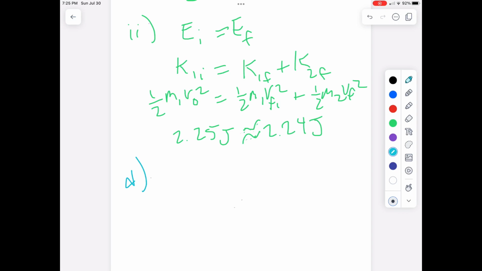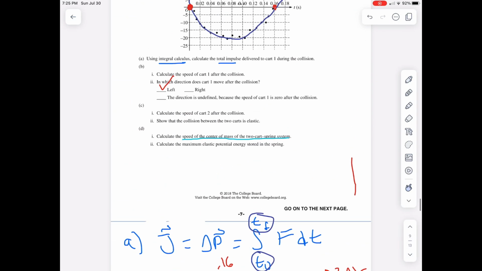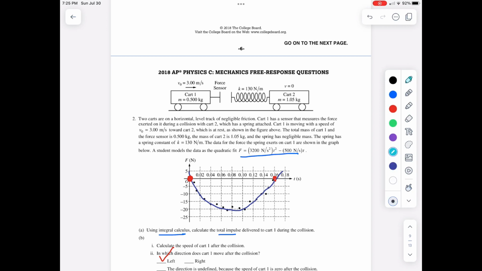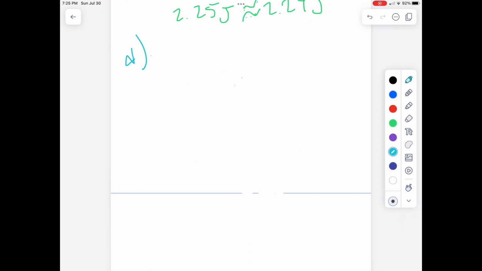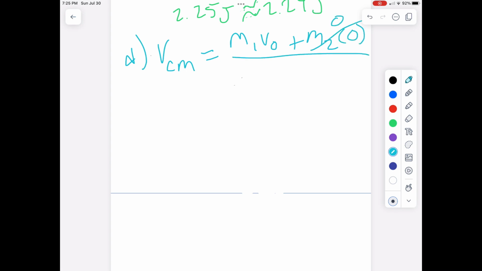Okay, so to make this easier for myself, I'm going to look at before the collision, when only my cart 1 is moving. So therefore, we know that my speed of the center of mass will be equal to my mass 1 times v naught plus mass 2 times its v naught, which is 0, so this whole term goes to 0, divided by m1 plus m2.